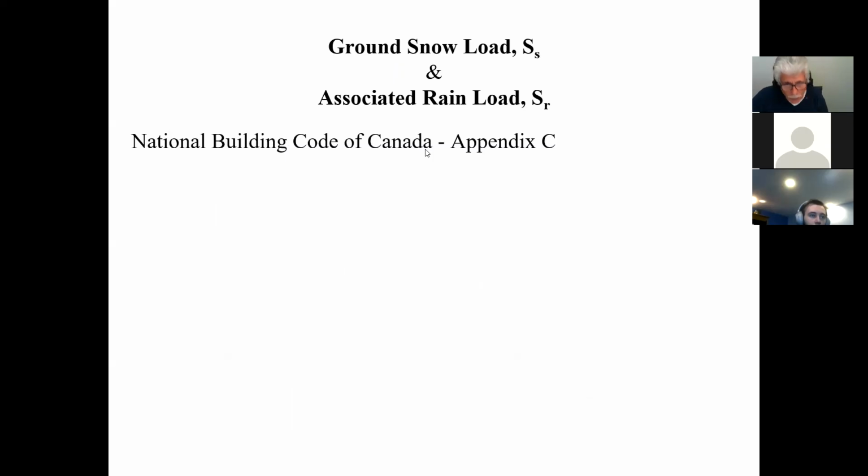Now, the ground snow load Ss and the associated rain load Sr, okay? Well, if you buy the National Building Code, if you want to spend over $200 and you buy the National Building Code, inside it there's an Appendix C. And the Appendix C has climatic information for different areas of Canada, starting from British Columbia all the way to Newfoundland.